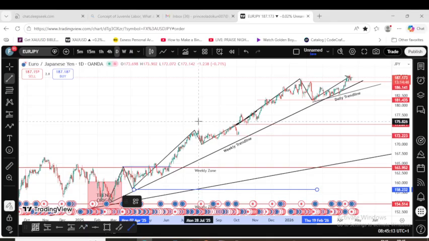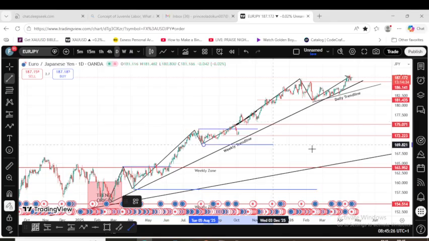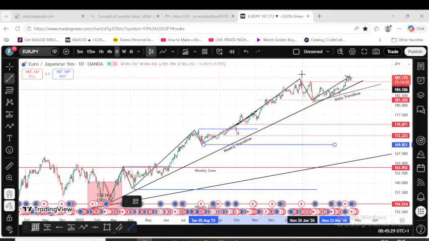This is our higher high, followed by a higher low. This is our most recent higher high, which has just been cleared, and then this is our most recent higher low, which has just been confirmed.